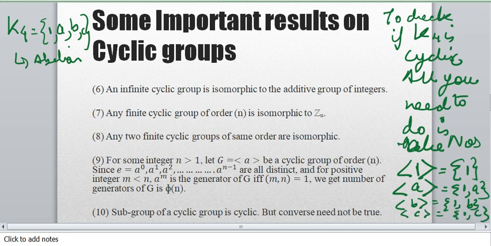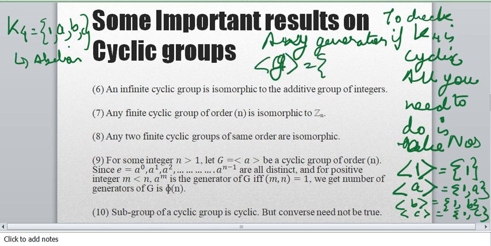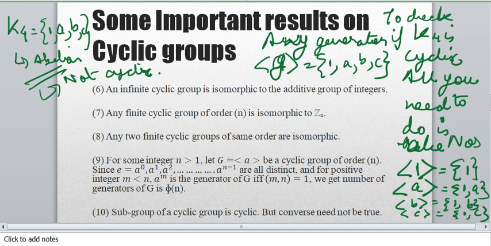Can you see anywhere any generator, say g, that is giving you all the elements 1, a, b, c? Is it possible? No, it's not possible. Hence, K4 is abelian but not cyclic. Concentrate on this group, very, very important.